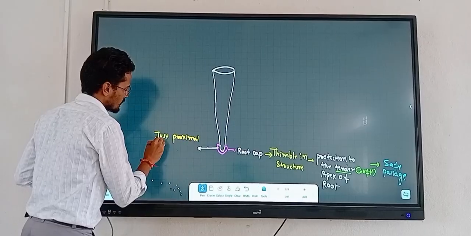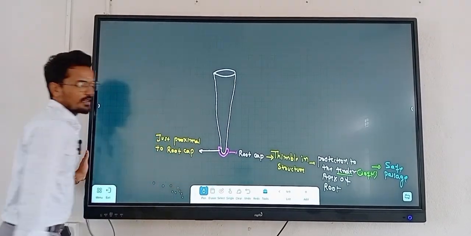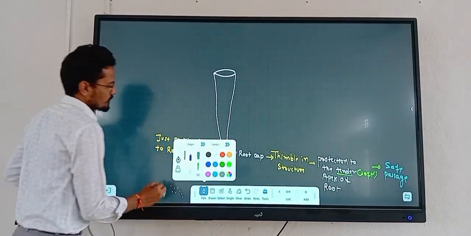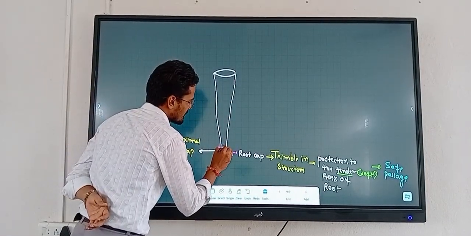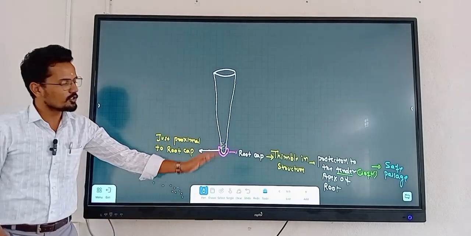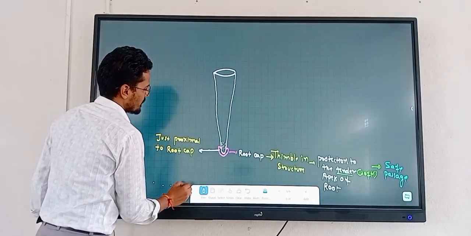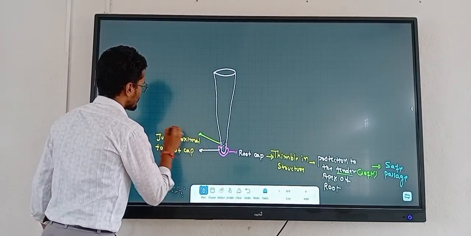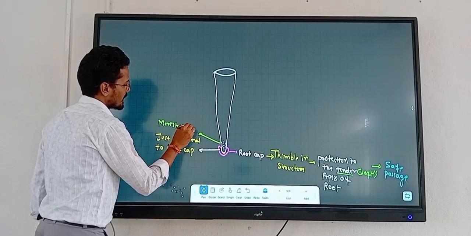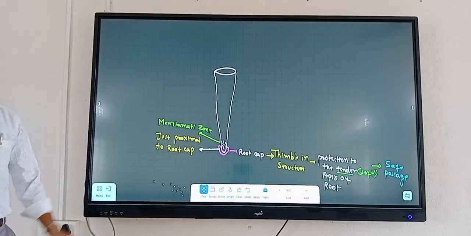That region is called the meristematic zone. This is just proximal to the root cap. This is called the meristematic zone.